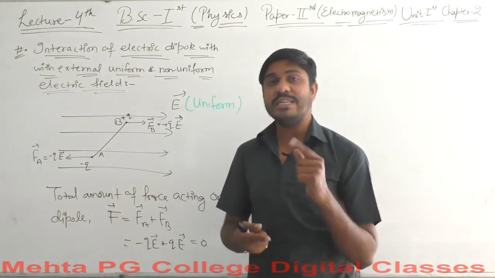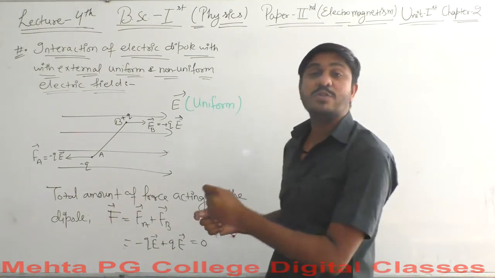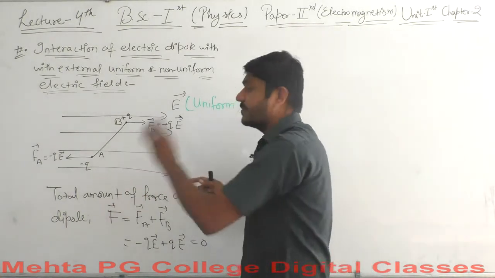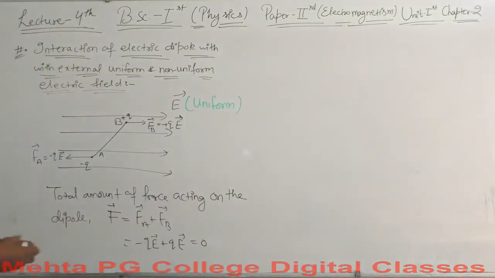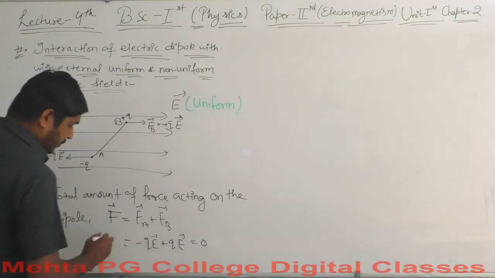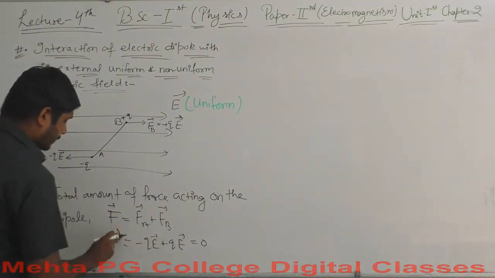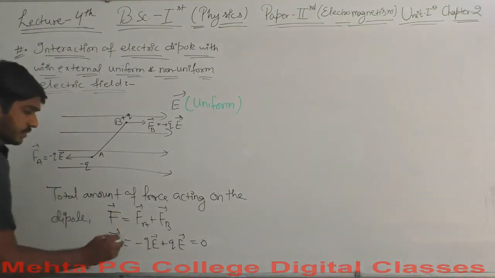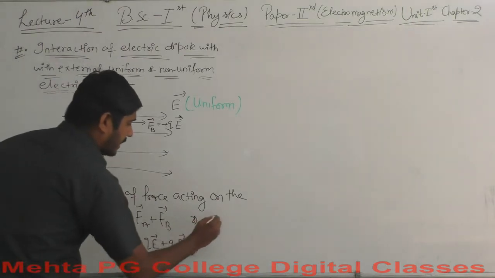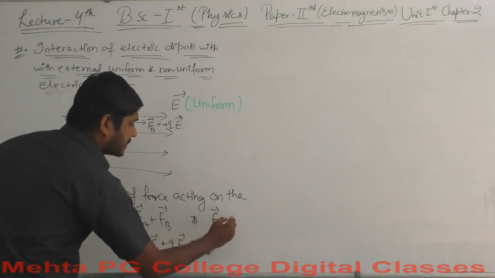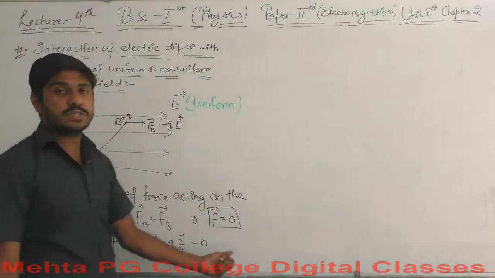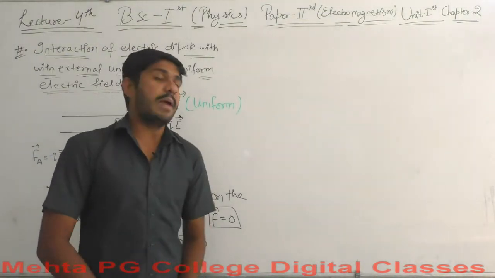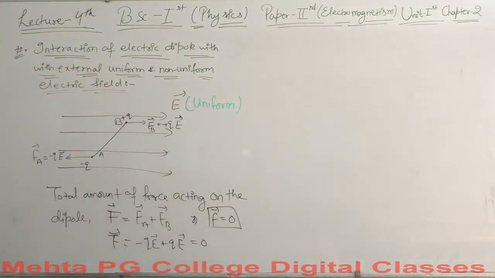So we are supposed to find out the force which exists here. The Coulombic force is equal to 0. Keep it in mind. We will further use this result if it is required.